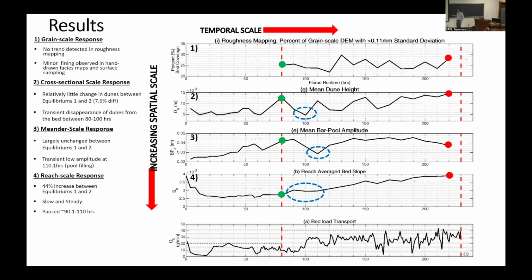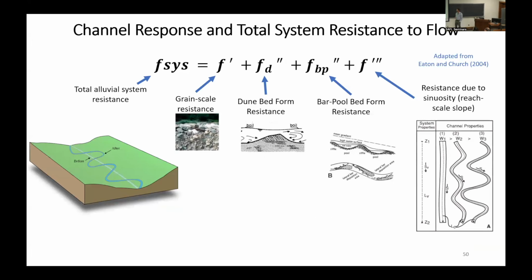That also became overwhelmed. While it was doing that, the slope stayed constant. And then once those two mechanisms of adjustment had exhausted themselves, the slope started to increase. So we've got this temporal progression with an increasing spatial scale of response that we're documenting over the course of this experiment after we doubled the sediment supply.